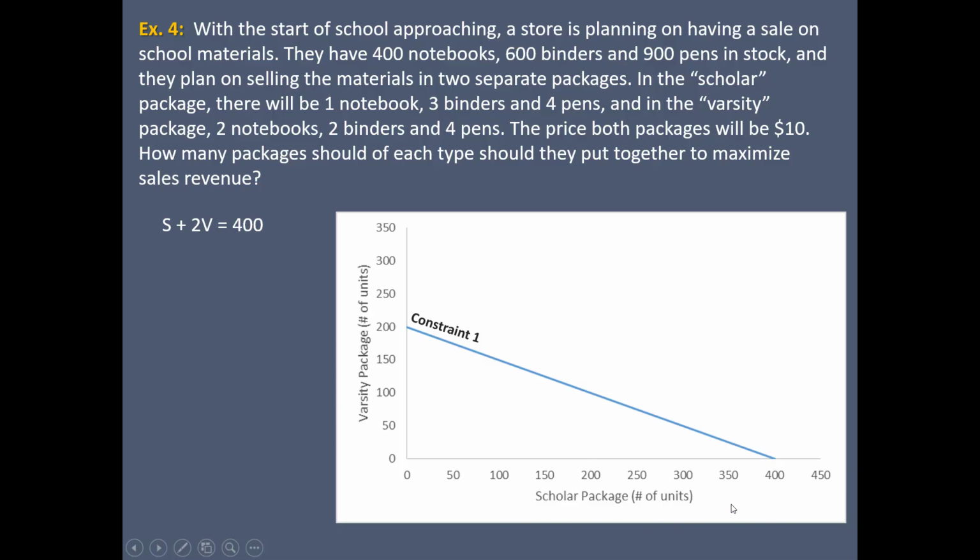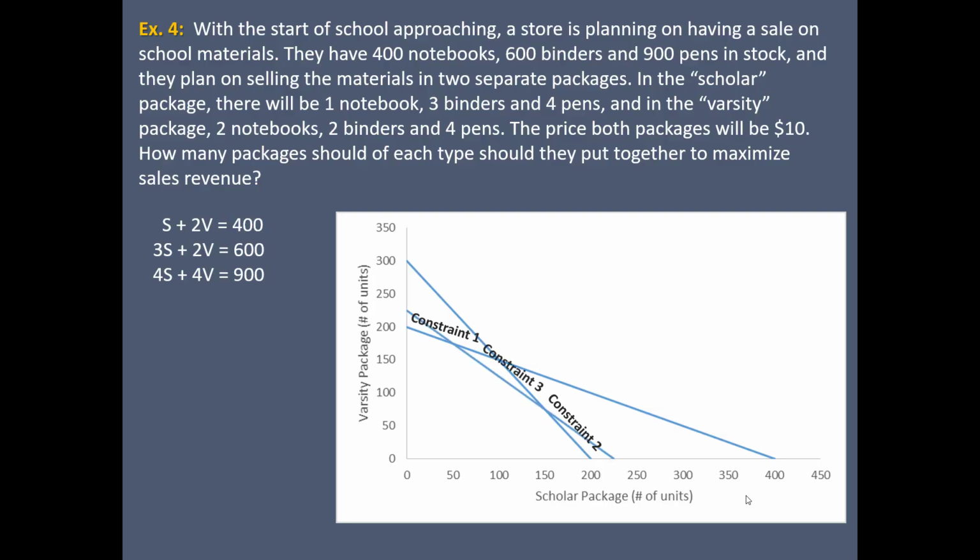So make sure you pay attention to the way I've labeled the axes so that when you create your graph, it will look identical to mine, not a mirror image of mine, which will make it much more difficult to try and identify points if you're trying to almost think backwards of what's going on. So here I've decided to put the Varsity package on the y-axis and the Scholar package on the x-axis. So now graphing constraint 2, followed by constraint 3.